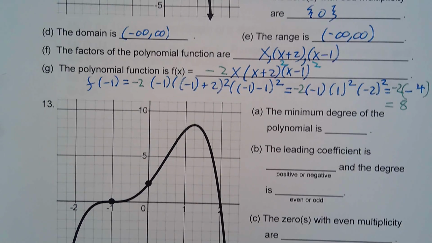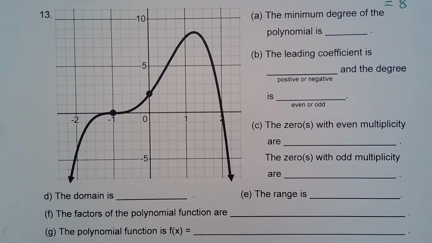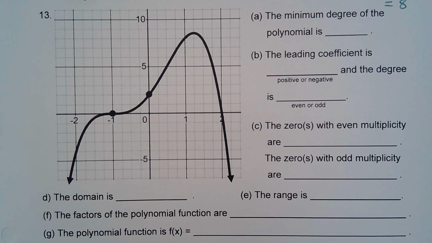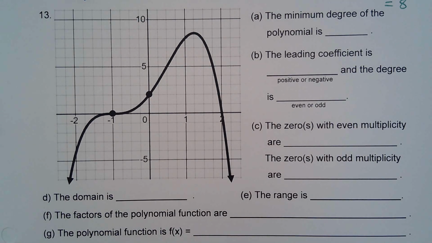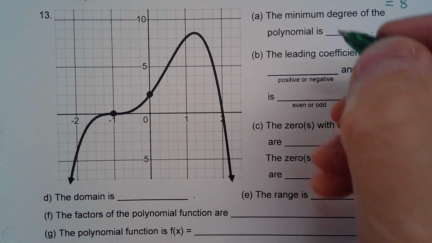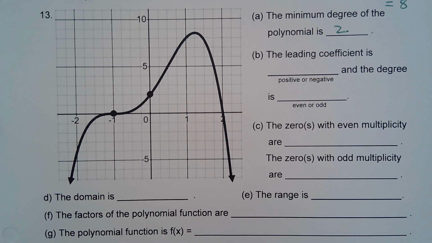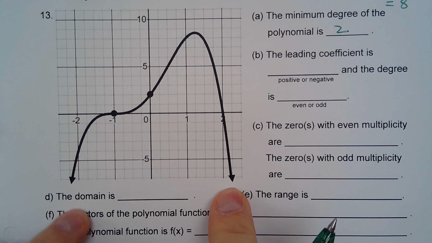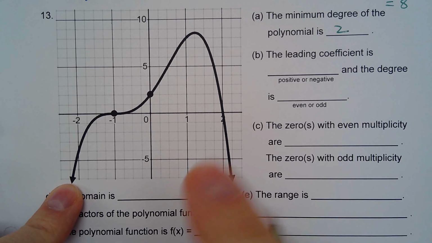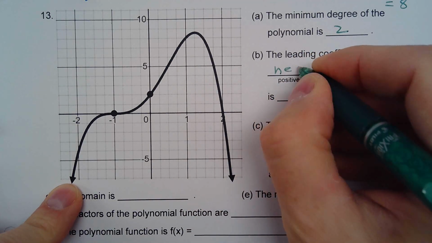Let's try the last one. All right, so it looks like I only have one turning point. Okay, that's weird. All right, so the minimum degree has to be 2. Ends are both pointing down. That tells me my leading coefficient's got to be negative.